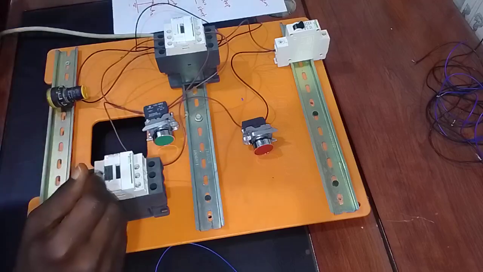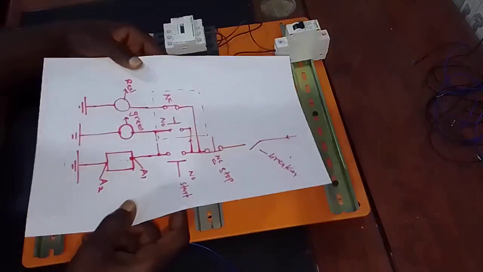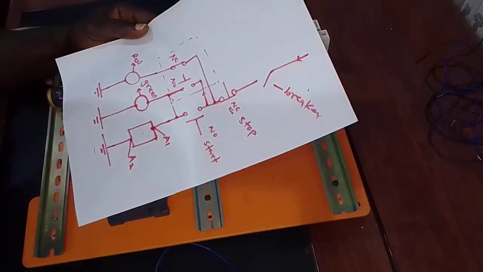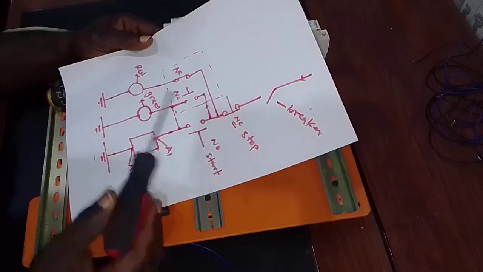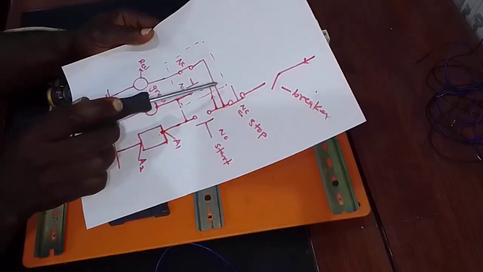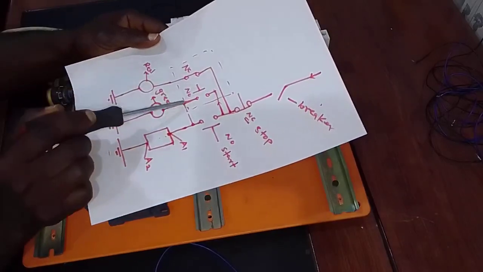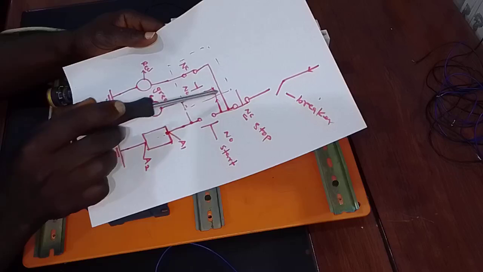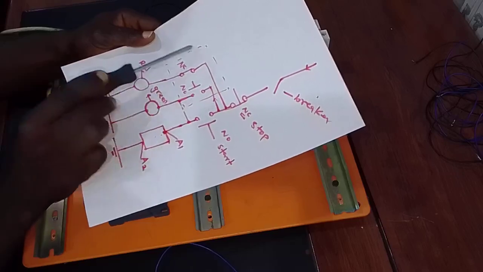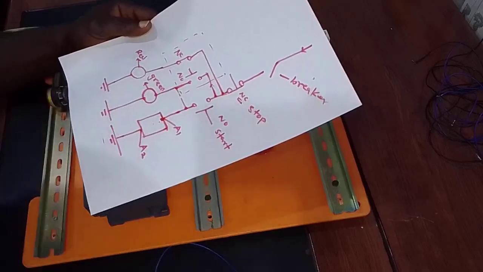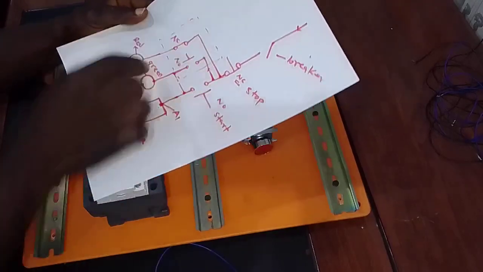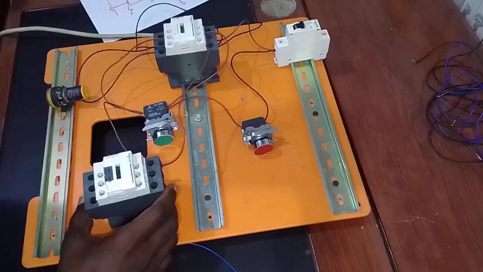If you can still recall, while I was doing the analysis on the circuit, I emphasized more on the auxiliary contact section, which is where we're actually going to use for the indicator light. So let me give you a close view of how this section is on the contactor.